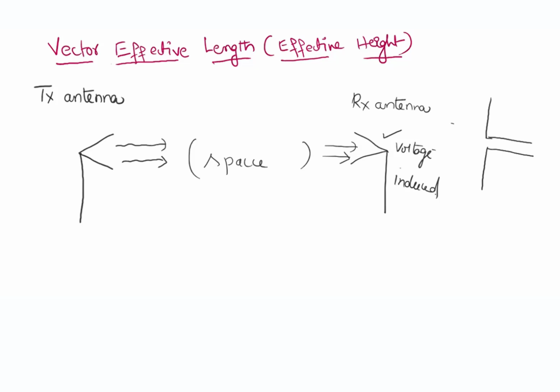Whenever it receives the signal like this from a transmitting antenna, then these two poles of the dipole antenna get excited, or the electrons of the poles get excited by the electromagnetic field. That excitation causes random movement of the electrons. That movement creates a voltage, and that voltage depends on the length of the antenna. It is not just the physical length. The length is called the vector effective length or effective height of the antenna.